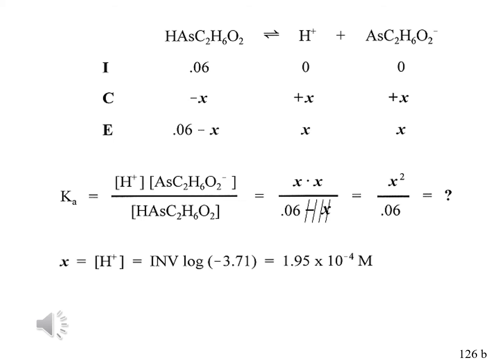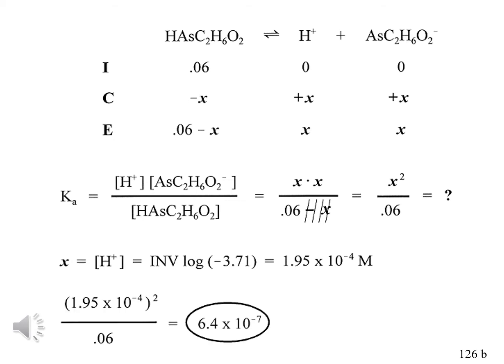Take the inverse log of the negative pH, and you get a number that's larger than the H plus from the last acid. When you plug it in for the x and square it, you get a Ka value that is larger than the previous one.